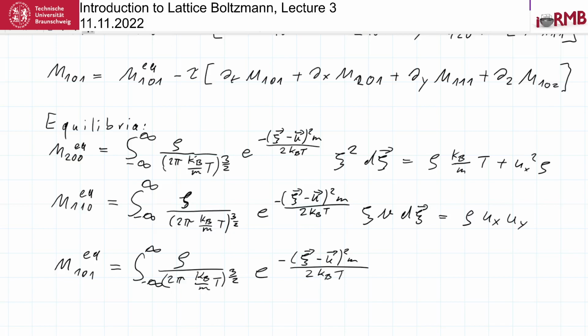Now this has to be integrated over the kernel xi, x velocity, and epsilon velocity, and now integrated over the entire velocity space. And as you could imagine, this gives rho ux uy, just by symmetry. Okay, now we got the first part, which is the equilibrium.